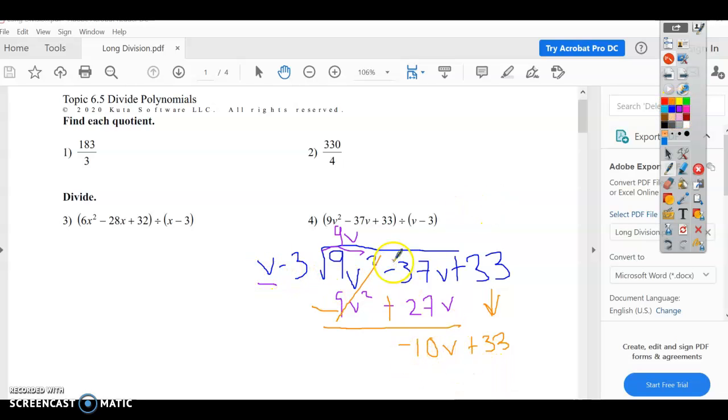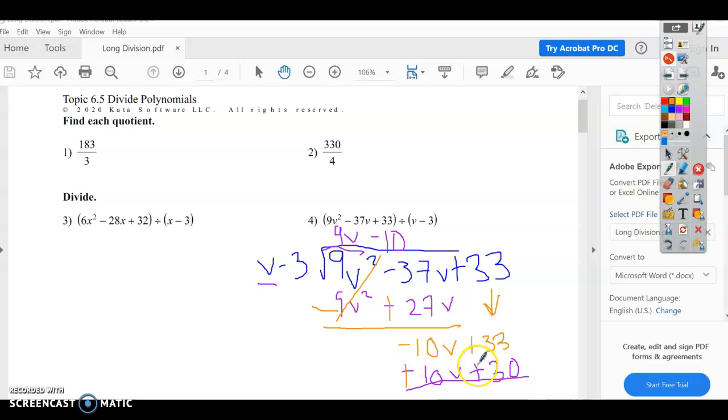v times what gives negative 10v? So that's negative 10, because v times negative 10 is negative 10v. And remember, you want those to be the same in the beginning. Negative 3 times negative 10 is plus 30. We are subtracting these two polynomials, so the signs of the second polynomial are going to change.